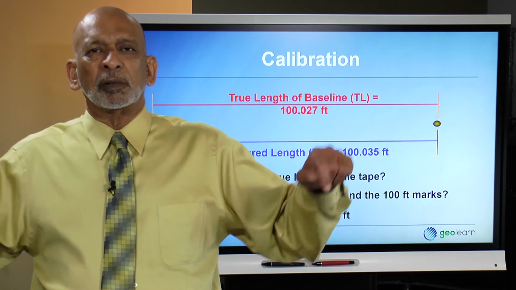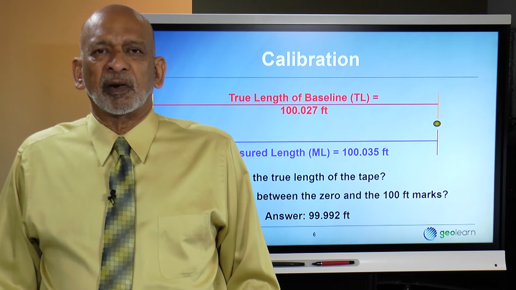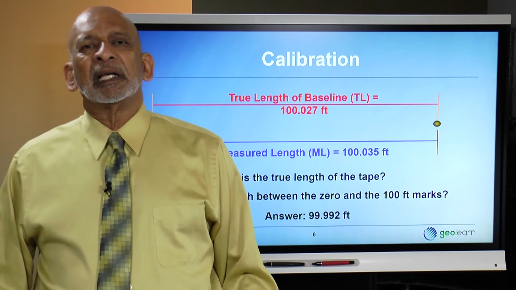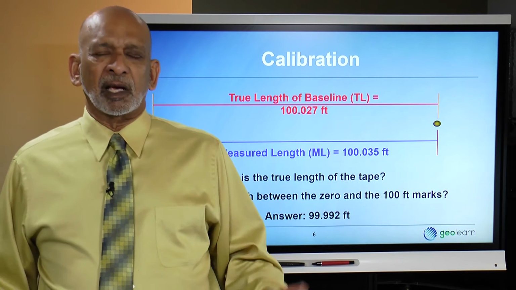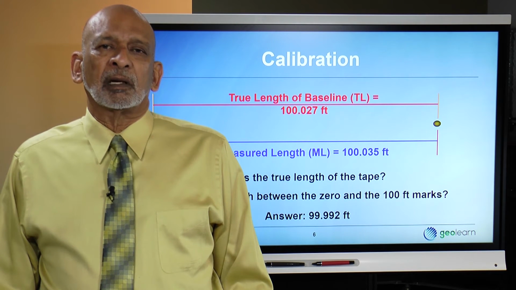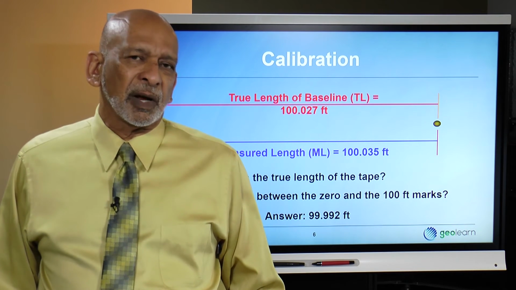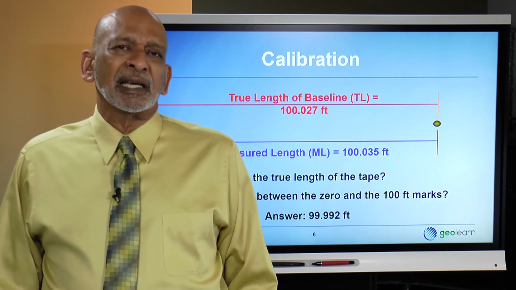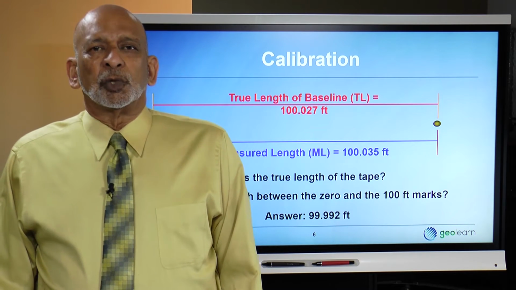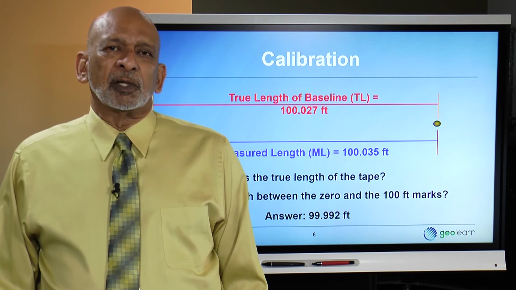And then you would have holes punched into them to mark the very precise reference point. So what we do is we build the baselines first, then we go out with our INVAR tape and specialized equipment and calibrate how far apart those two marks are. So the first thing you need to realize is that rarely are these two marks exactly 100.000 feet apart. So you have to deal with that when you calibrate your tape. That's one of the first things you have to deal with.